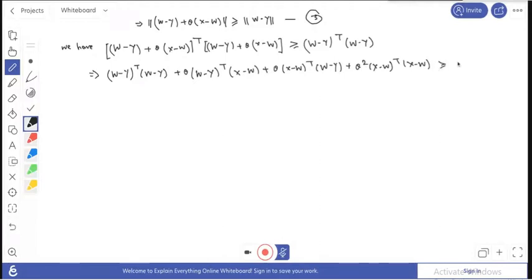This is greater than or equal to this transpose and w minus y.